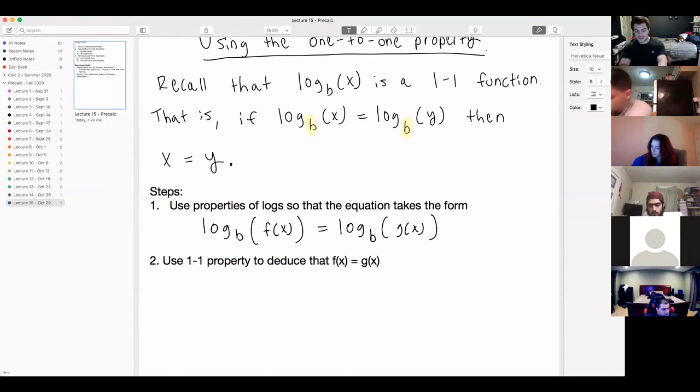Okay, very good. Step three, now you just solve f of x is equal to g of x for x. Usually this will be some quadratic equation maybe, or a linear equation, which we know how to do. And fourth, and most important, reject solutions that make any log input negative.